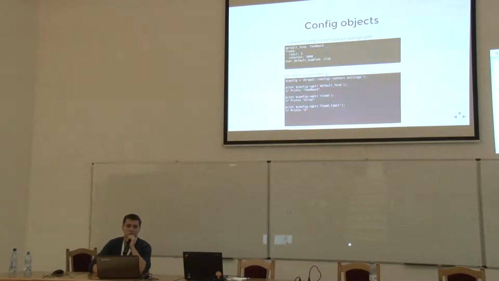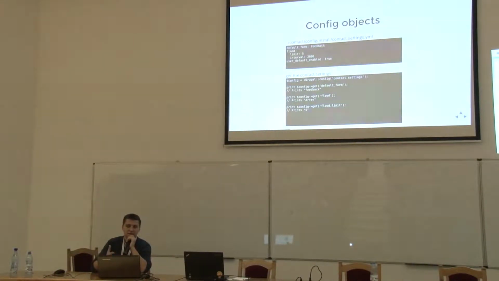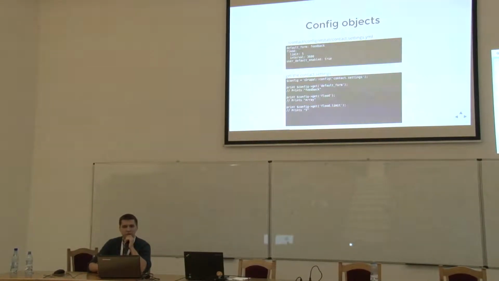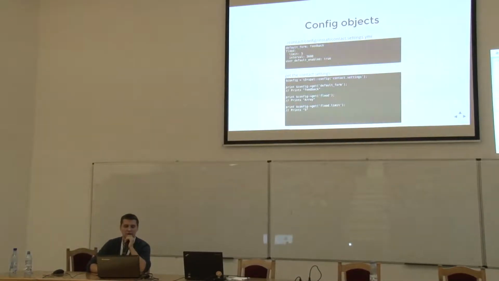For example, for the contact settings, we have a kind of associative array, so you can see the structure is like an array. We have a default form, and here for the default form we use the feedback form. For the flood information, we can define additional information like the limit and interval, and you have user default enabled.